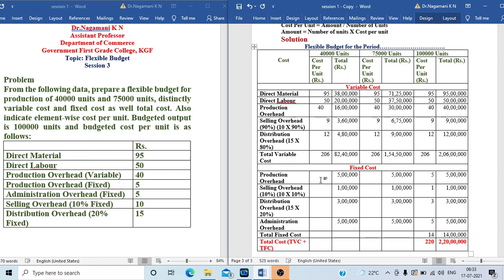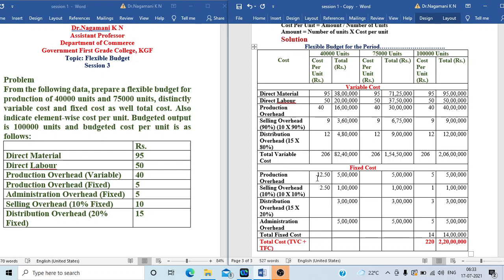Next, with the help of this, we should calculate the cost per unit. The formula for cost per unit is amount divided by number of units. See, for 40,000 units, production overhead amount is 5 lakh divided by number of units is 40,000. Cost per unit is 12.50. Then for selling overhead 1 lakh divided by 40,000 is 2.50.